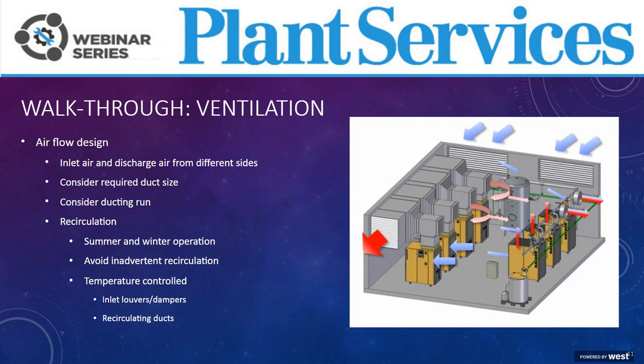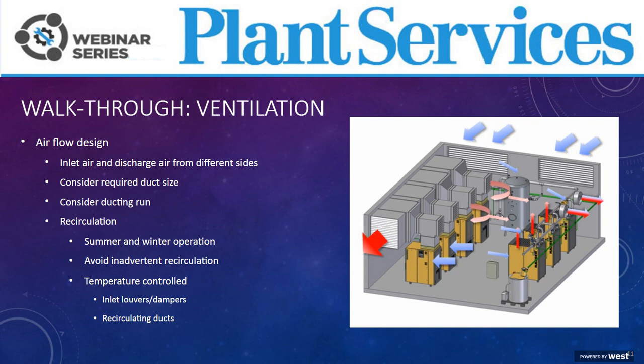I like this graphic because it puts it all together: compressors, dryers, condensate, receivers, but it also shows the ducting. This gives you a great general overview of airflow within a compressor station. Notice that both compressors and dryers are going to require fresh air, and they're also going to give off hot air. Best practices consider inlet air, cooling air from one side of a room, and then the discharge hot air to another or multiple sides.